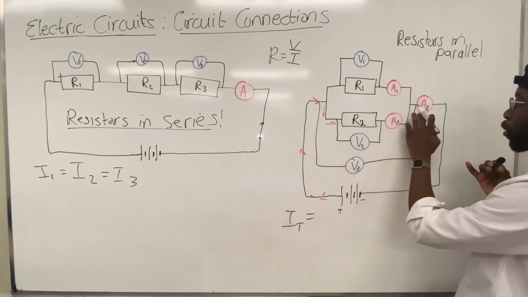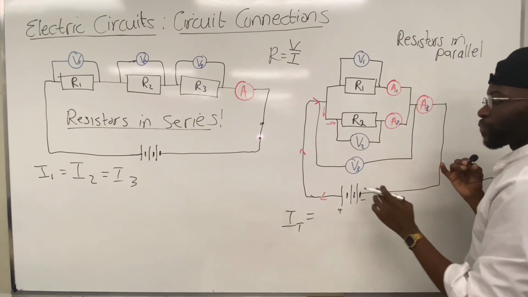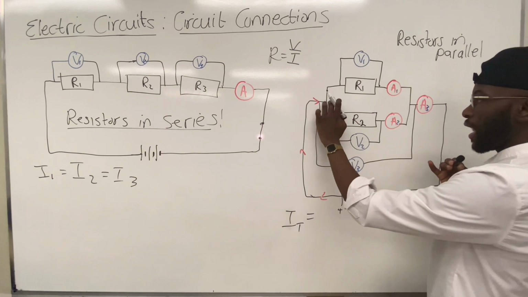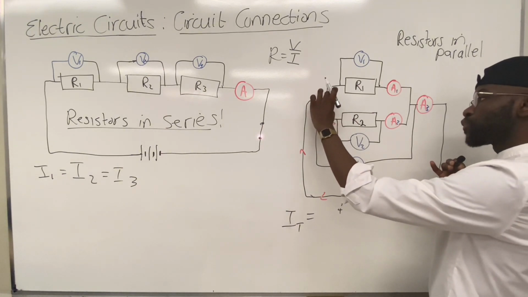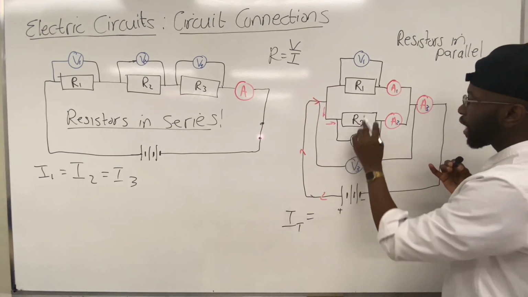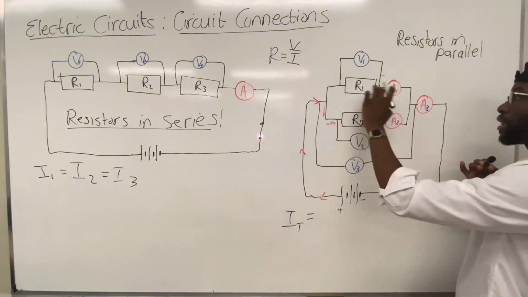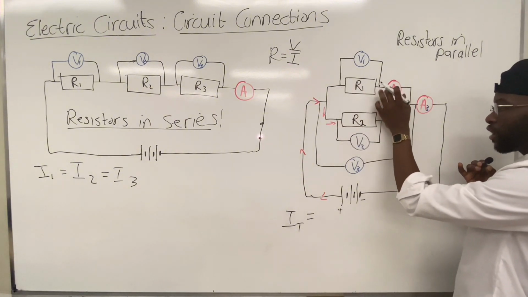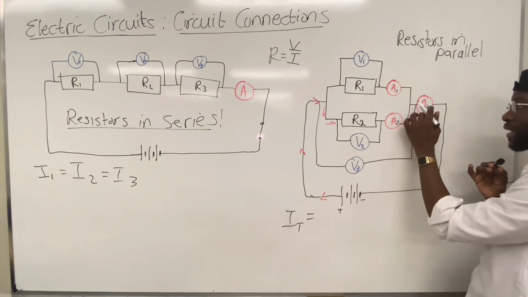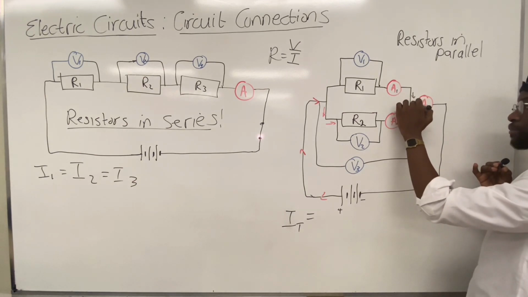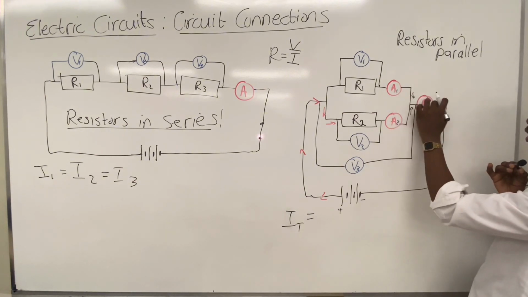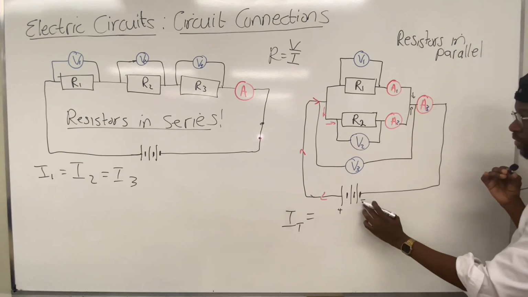difference between 2 points. Now, as it reaches here and it has options of two paths, you will have a certain value at A1, a certain value at A2. But when it reaches this side, it comes back again, and then the total is now flowing until it gets here.